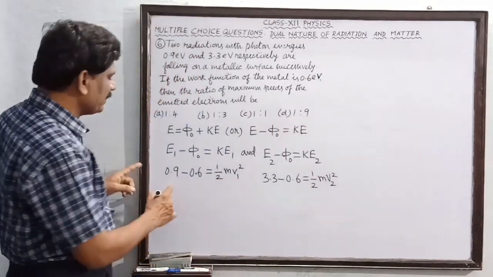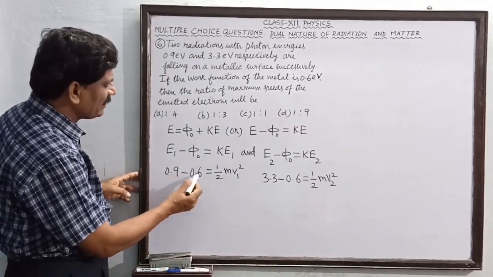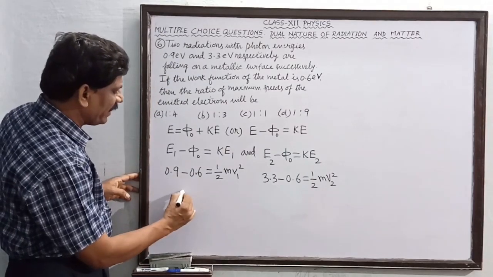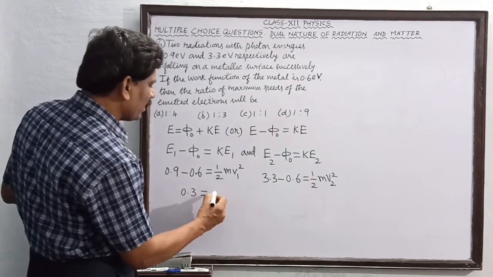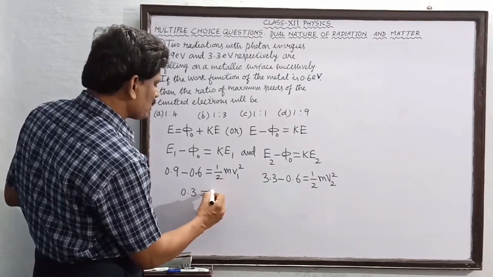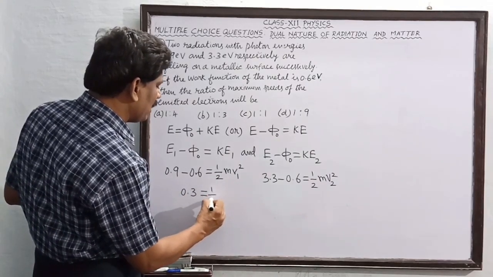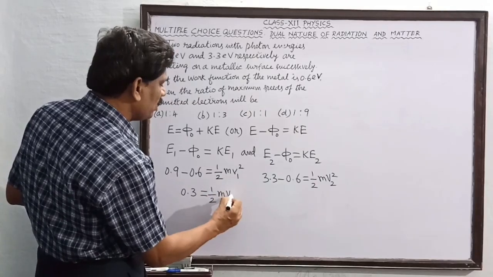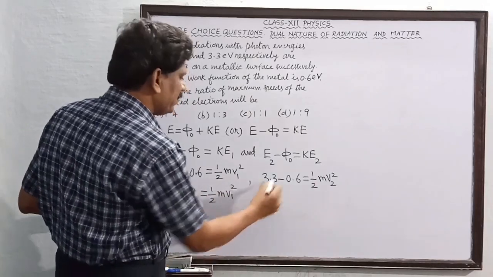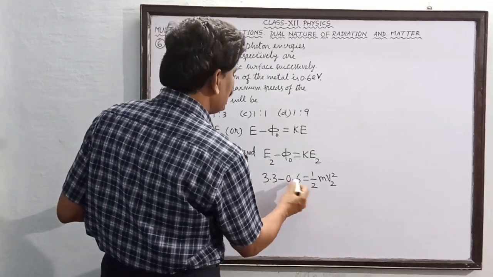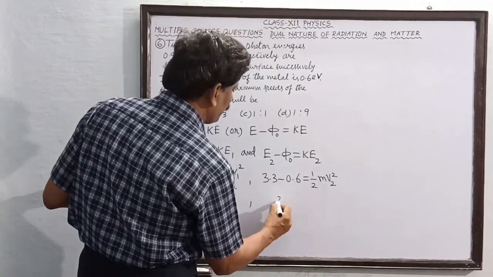So I will rewrite this. 0.9 minus 0.6 is how much? 0.3. So 0.3 is equal to half m v1 square. And here, 3.3 minus 0.6 is how much? 2.7.